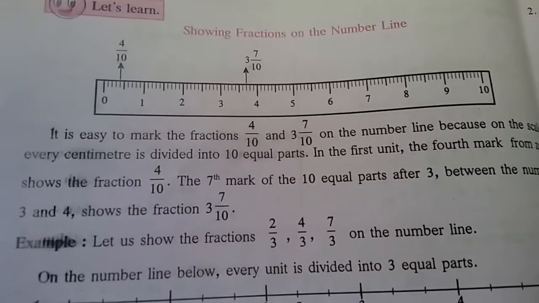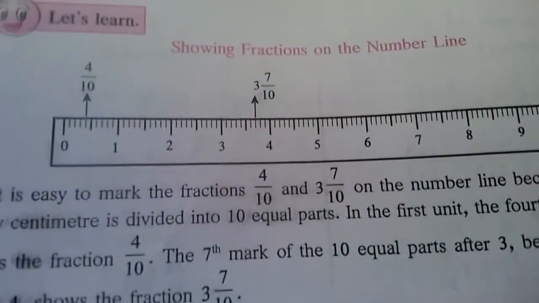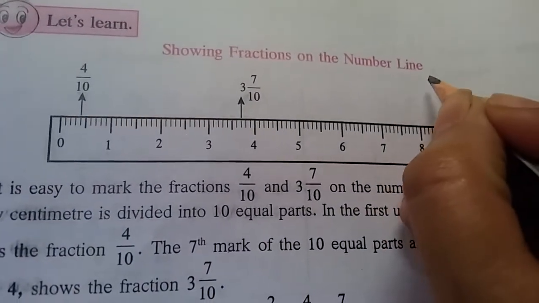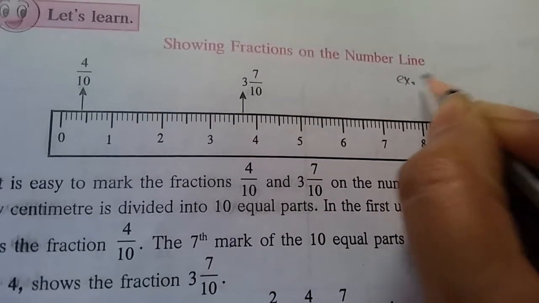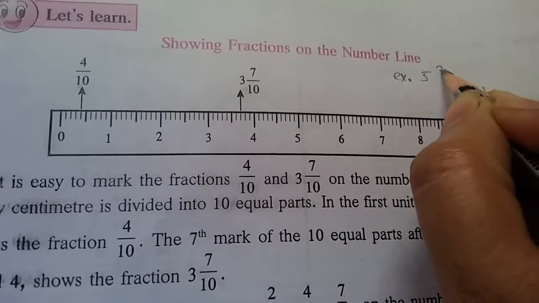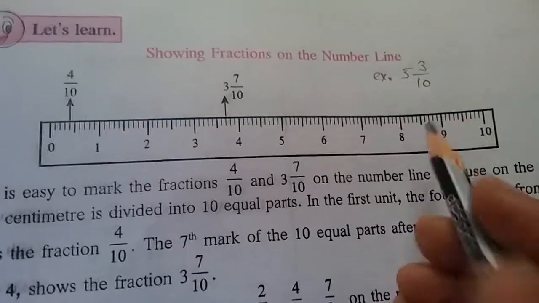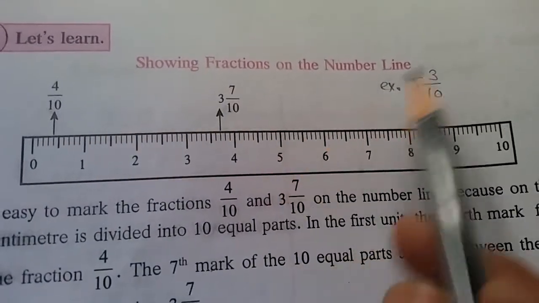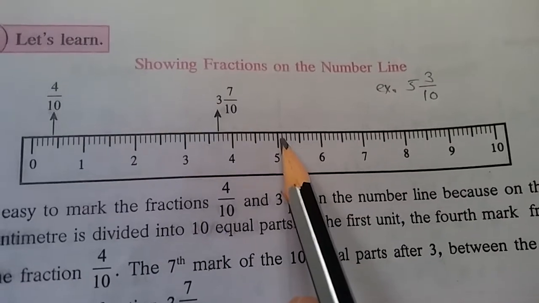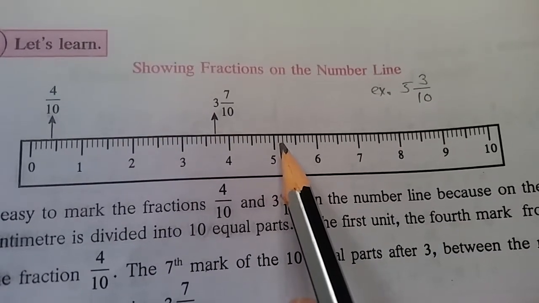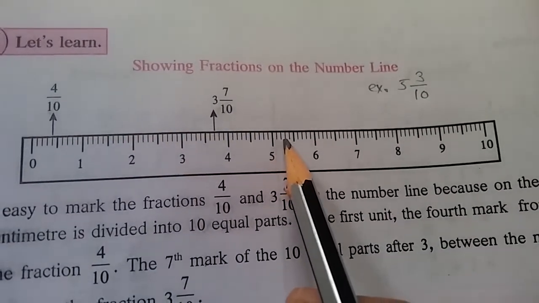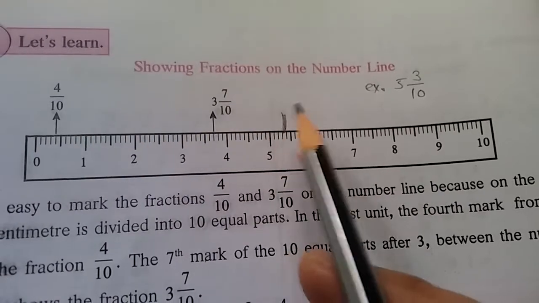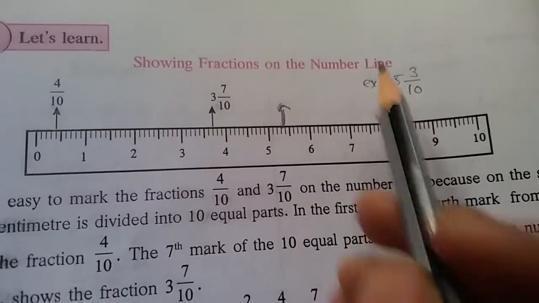Suppose, for example, I want to show the fraction 5 3 upon 10. Then where will I show this? 5 means here 5 is there. 3 upon 10, count the lines: 1, 2, 3.